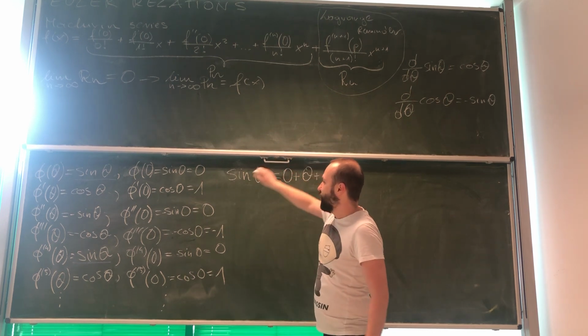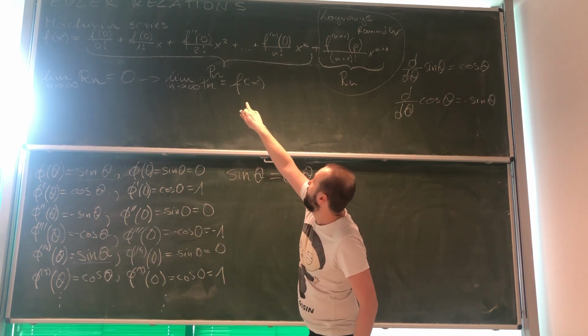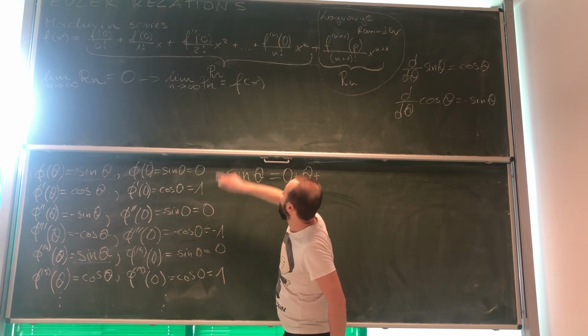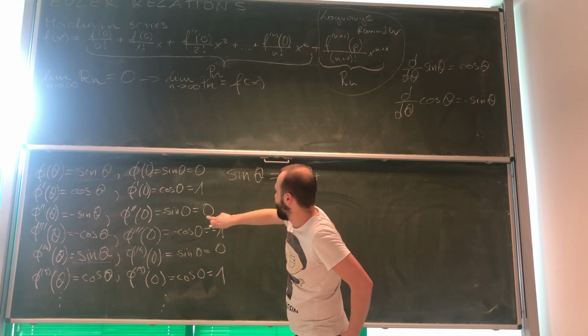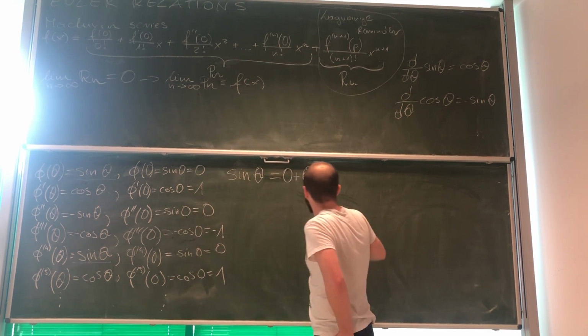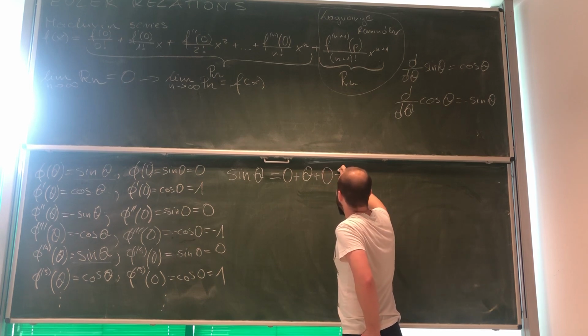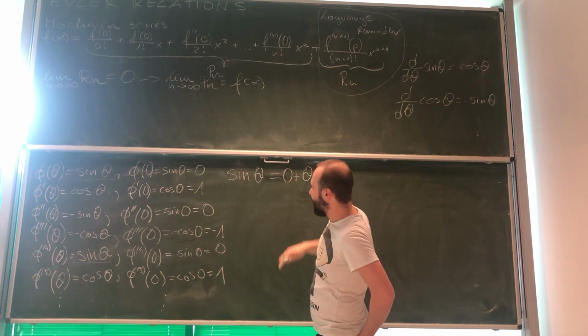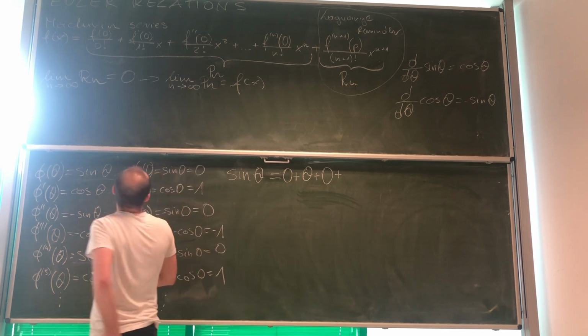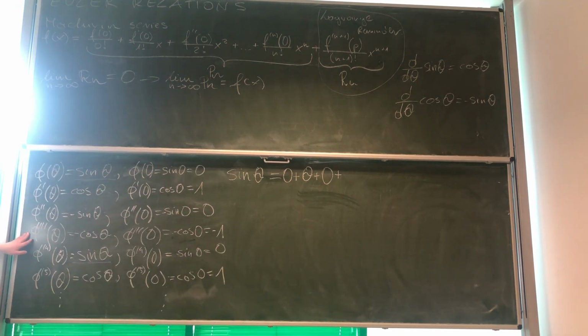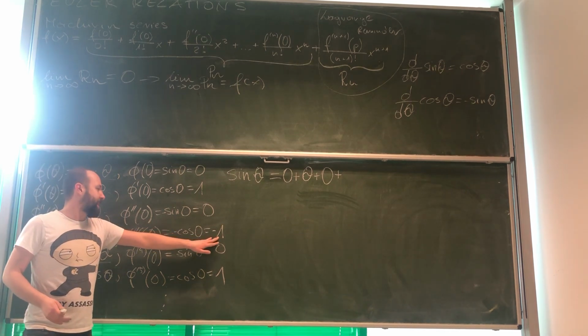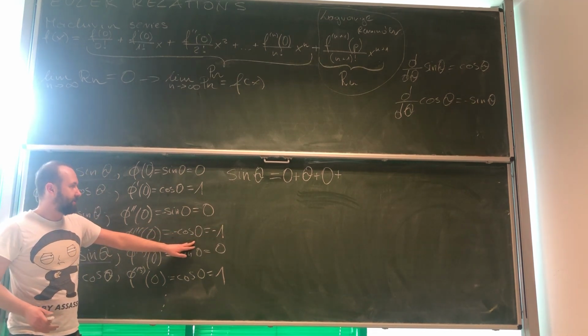Okay, again, here we need to have 0 because the second derivative evaluated at 0 is equal to 0. And then plus, we will have the third derivative, right? The third derivative is negative cosine theta, which is equal to -1 when evaluated at 0.